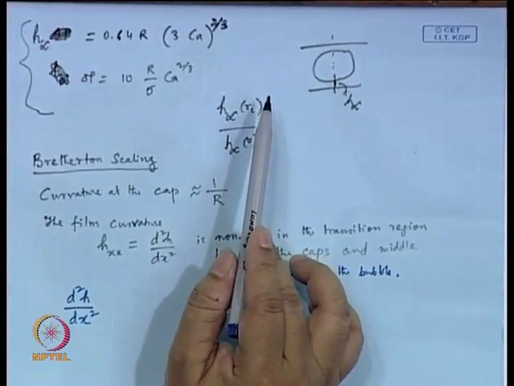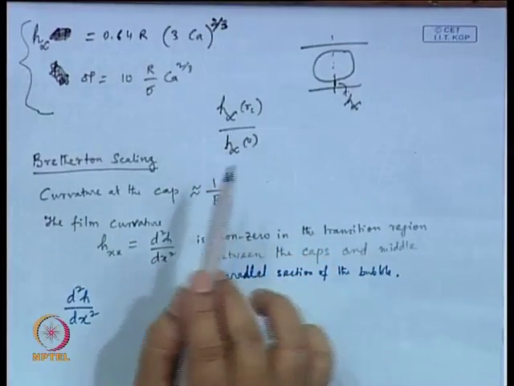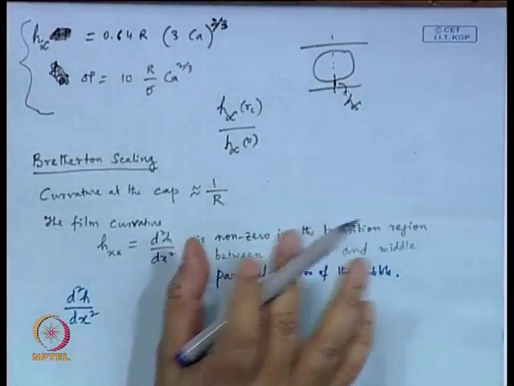Instead of going through this analysis, whatever we discussed in the last class, simply by looking at it as a problem of scaling, if somebody gives me the capillary number, the radius of the microchannel, and what is flowing through this microchannel, can you tell me what would be an approximate scale?